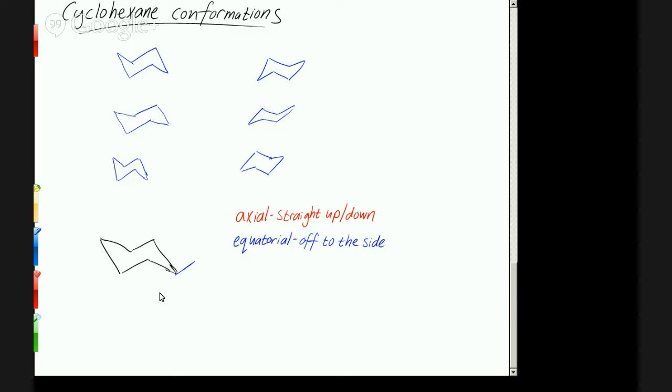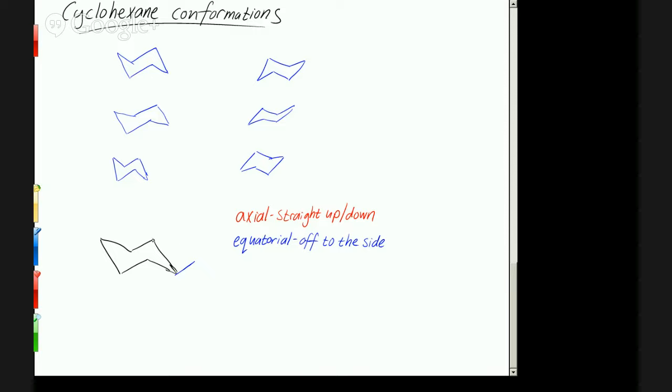If you look at the one coming off the end here, you should see that it is parallel with these two bonds right in the middle. And we're going to use that same pattern all the way around.